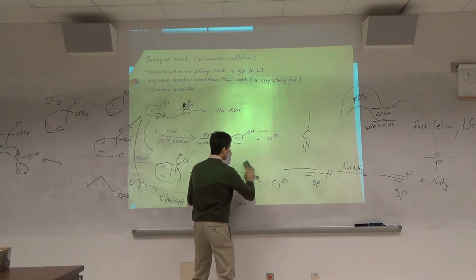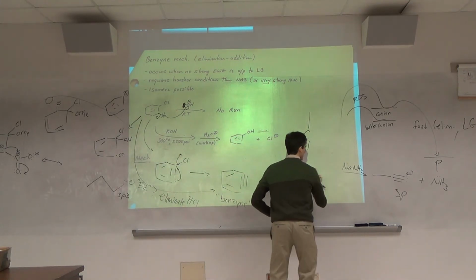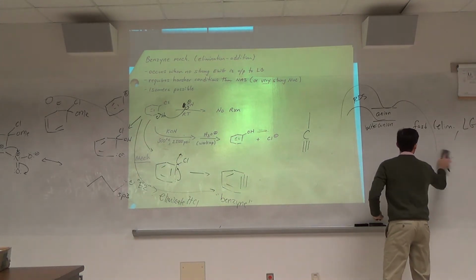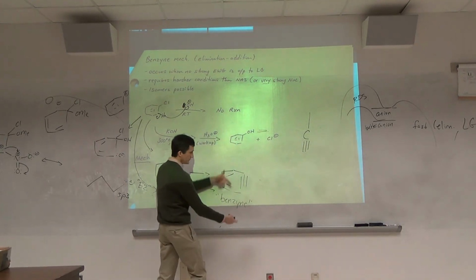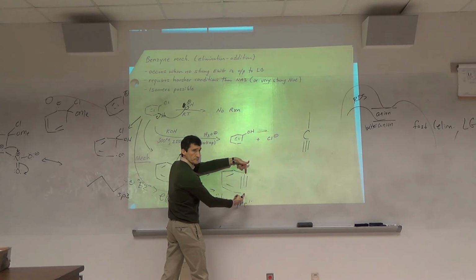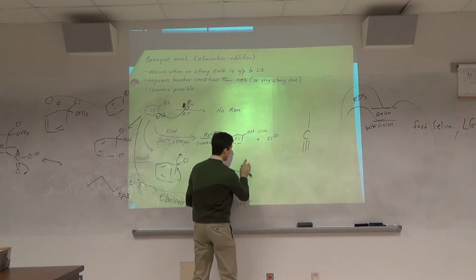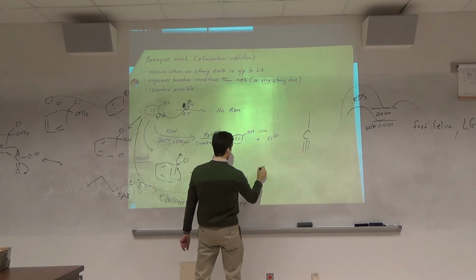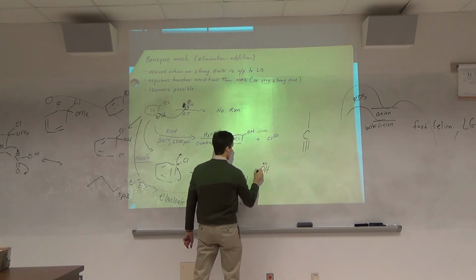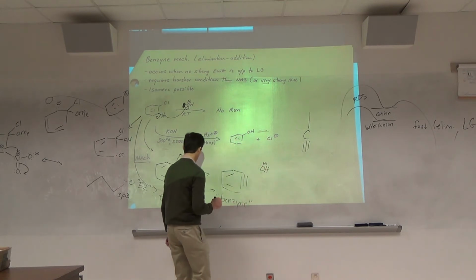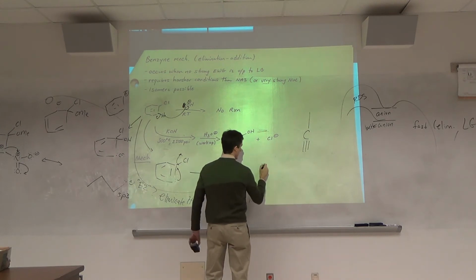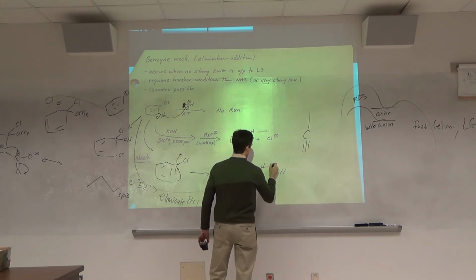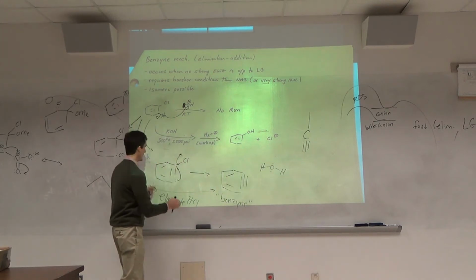Now at this point, it's symmetrical. At this point, a nucleophile will add. We have a nucleophile, hydroxide. Let's not use that because let's just keep it one equivalent. We have water. We made that plus water.